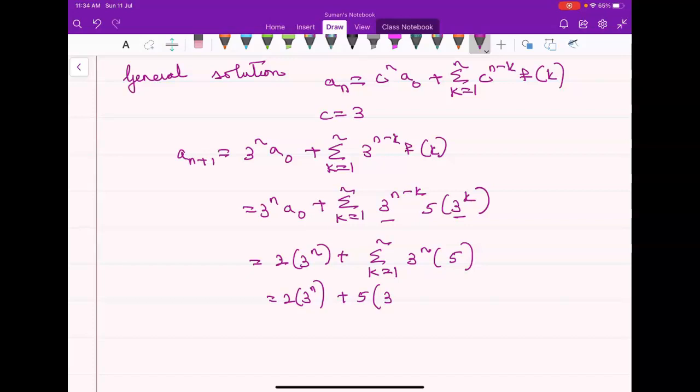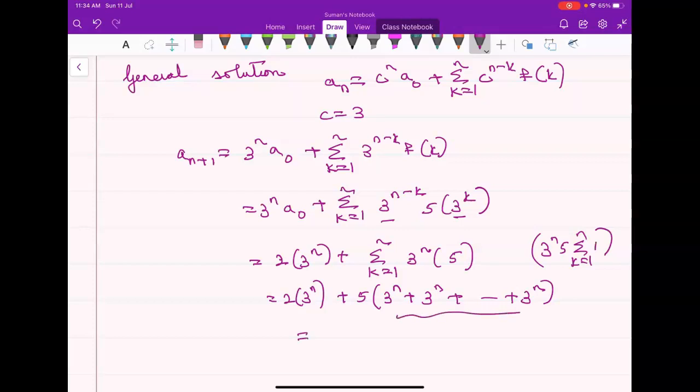So it will give you 3 raised to n plus 3 raised to n plus 3 raised to n k times, because there is actually no term in k. So basically it is 3 raised to n into 5 and summation k taking value 1 to n of 1, which is actually n, because there are n terms.